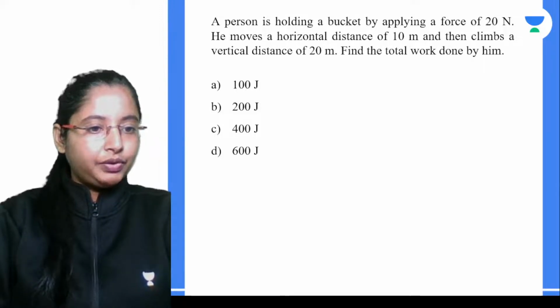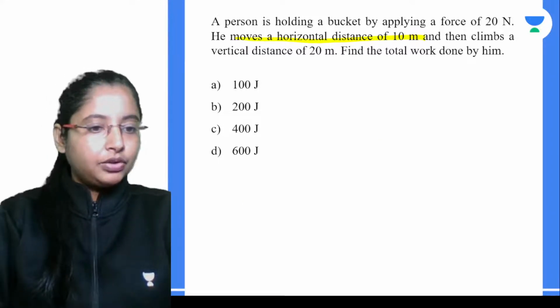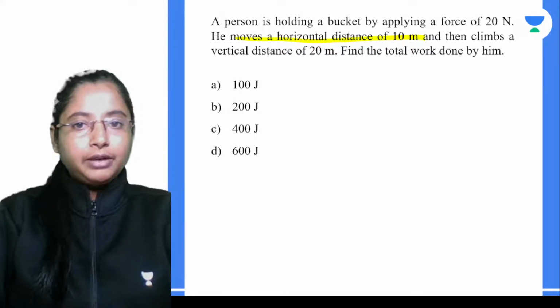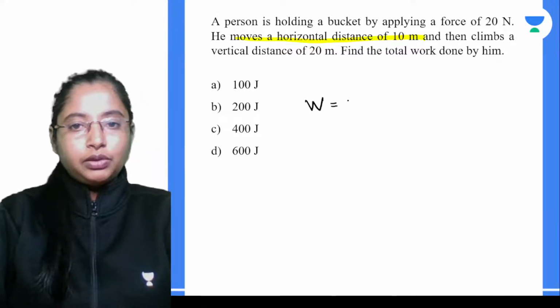He moves a horizontal distance of 10 meters. Work done in such a case is equal to force F into S into cos theta.